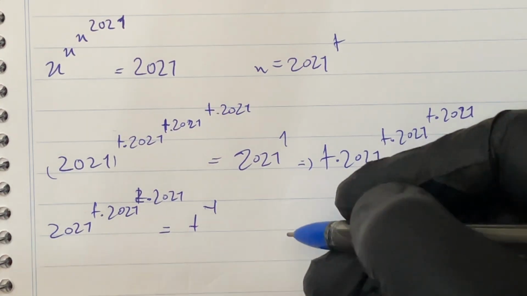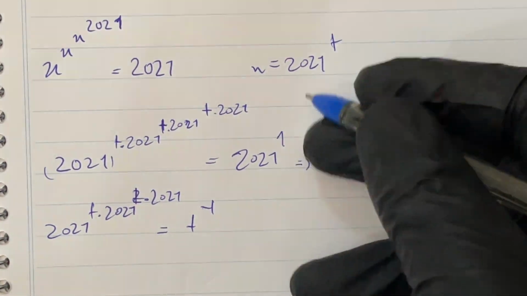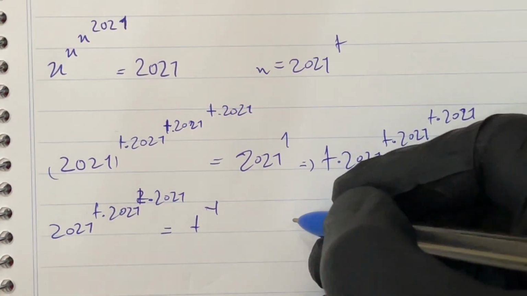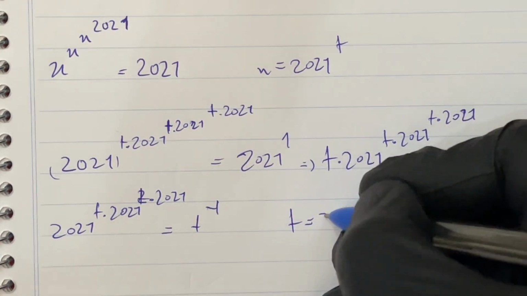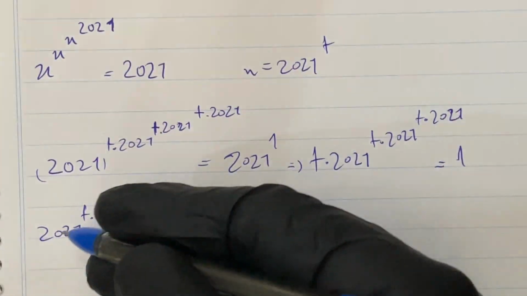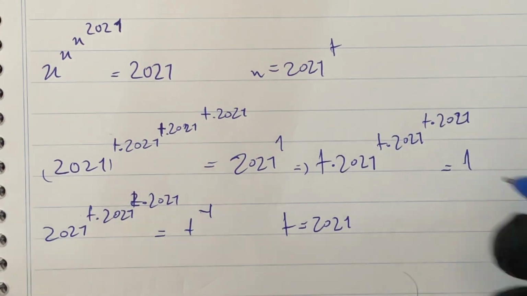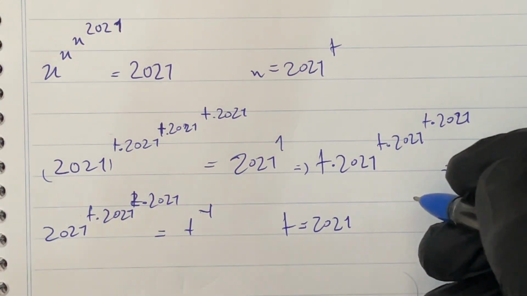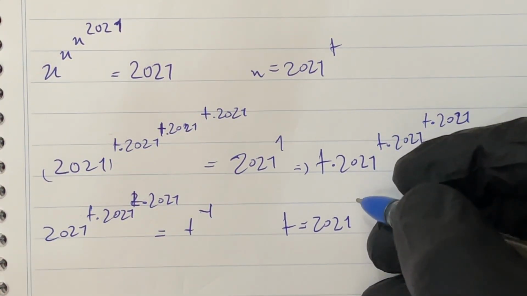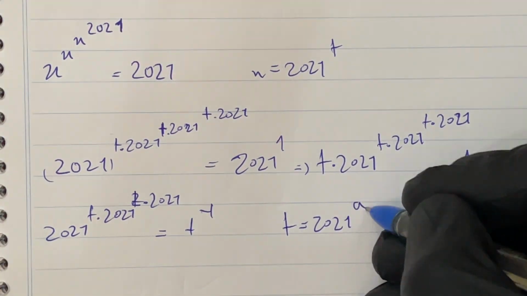What I want to substitute, just like the previous one, is t equals 2021 to the power of, let's say, a, because we have the base of 2021 on the left-hand side.